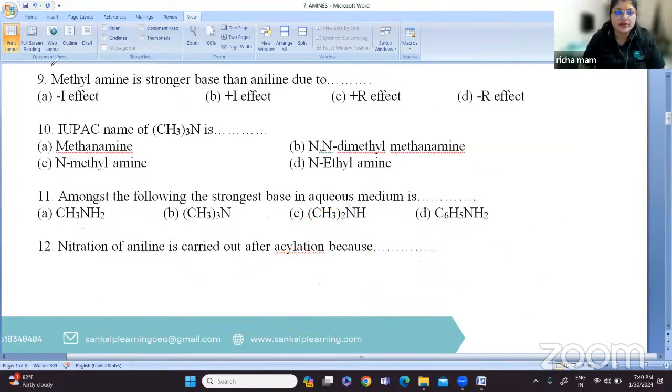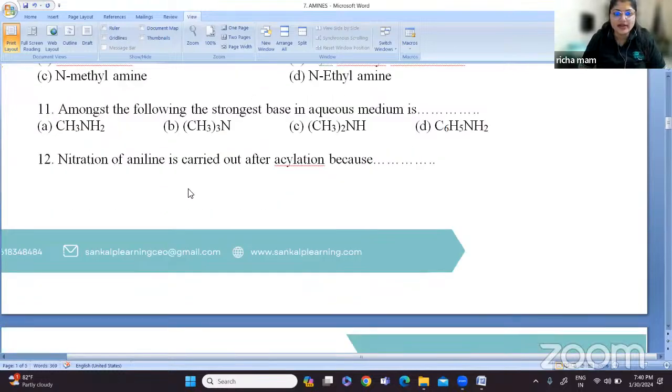Fine. Next one: nitration of aniline is carried out after acylation because.